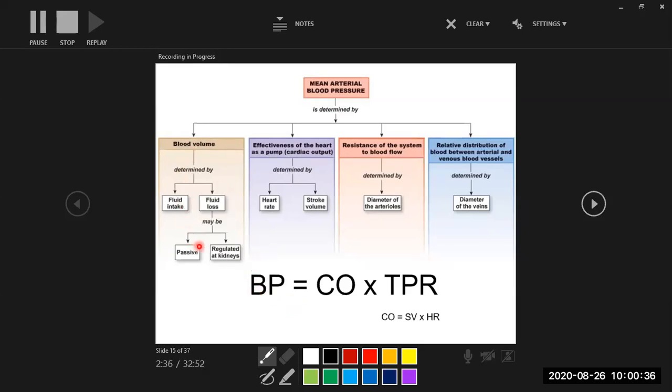So that's blood volume. The other one could be the heart pump, heart rate, or stroke volume. That's right here. So this one could be the stressed life, right?